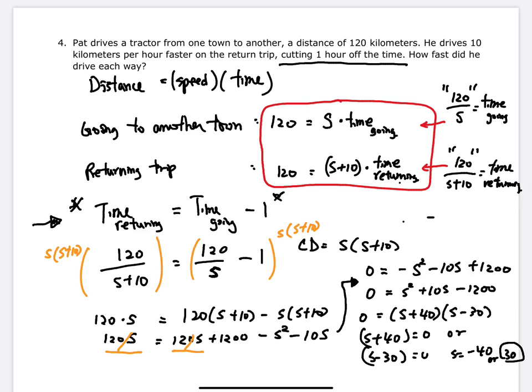Once you figure out the speed is 30, how fast did he drive each way? Well, on the way going, he went 30 miles per hour, and on the way back, he went 40 miles per hour.